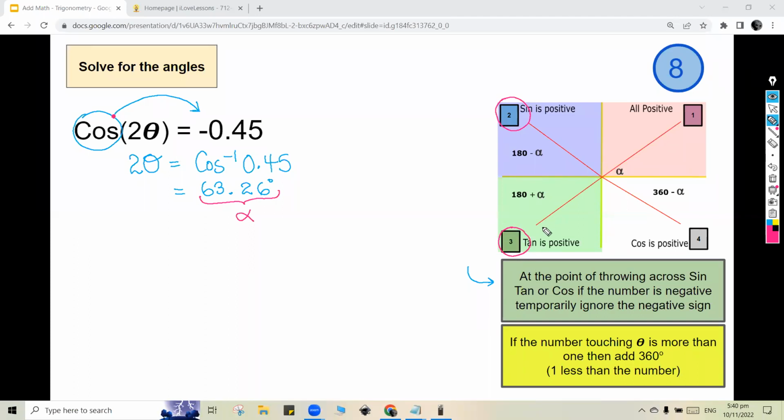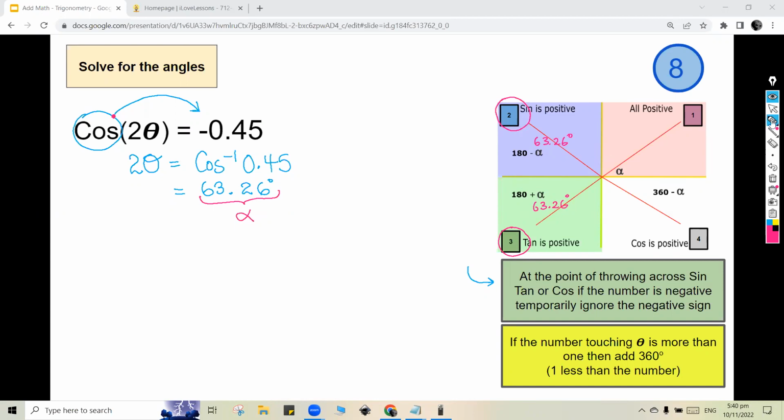Before we move any further, once we go to the chart, we get our 2 answers right away. So you all know what to do by now. You replace this alpha with 63.26 degrees, and you replace this alpha with 63.26 degrees.